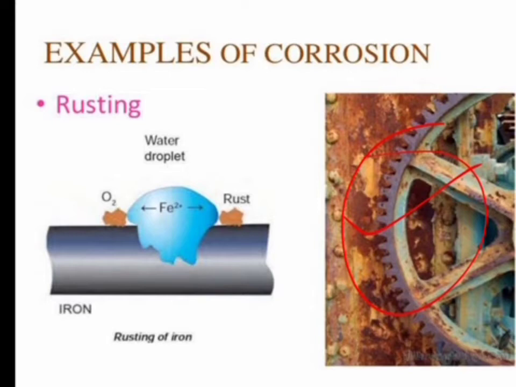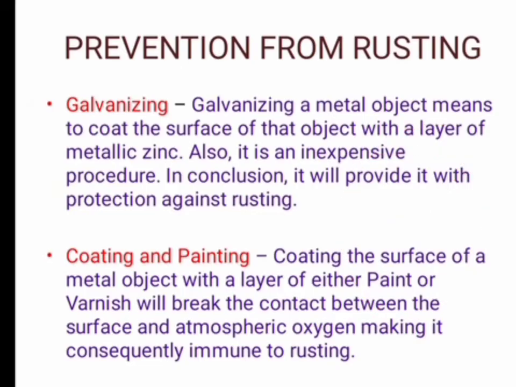In fact, if the content of moisture in air is high, which means if it is more humid, rusting becomes faster. So the question arises, how can we prevent rusting?